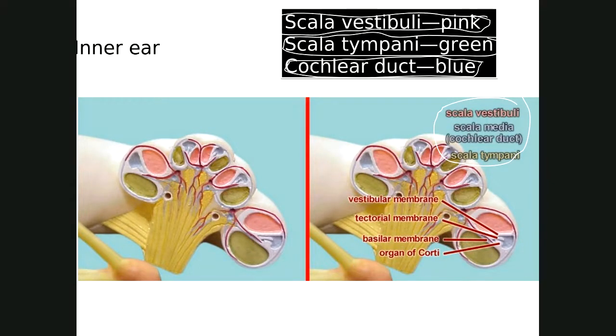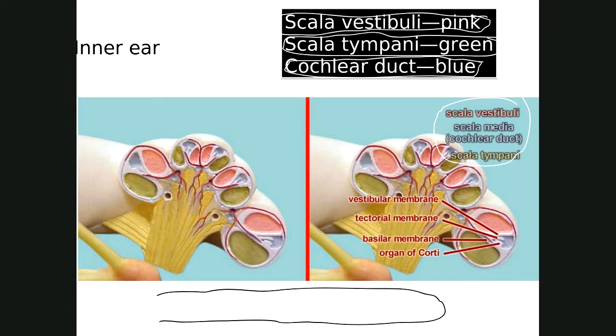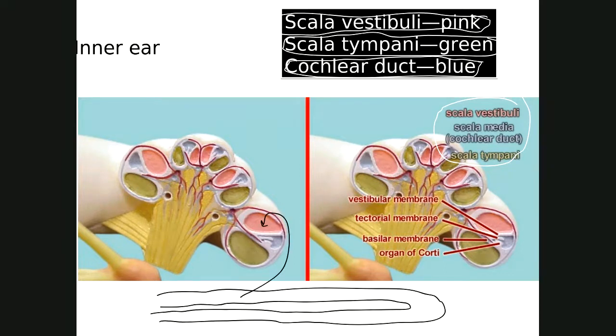Again, if I took and stretched it out, just unrolled it like unrolling a jelly roll, it would look like this. So here is the scala vestibuli. Here is the scala tympani.